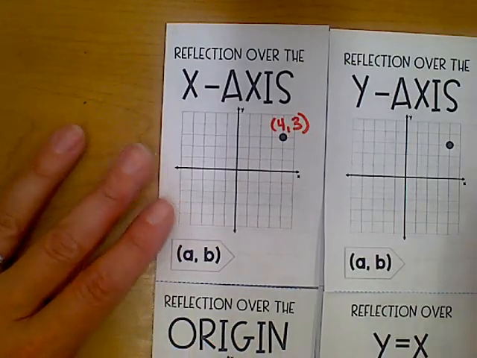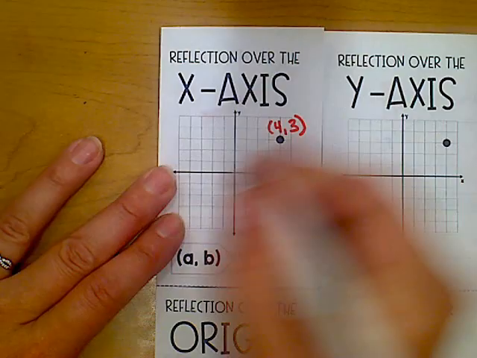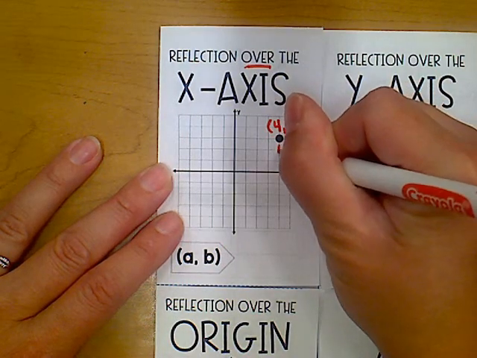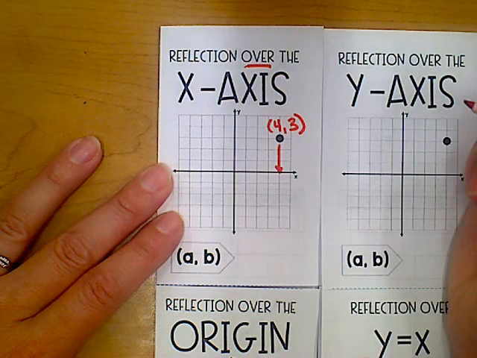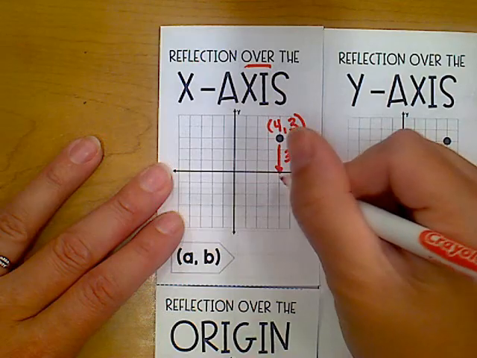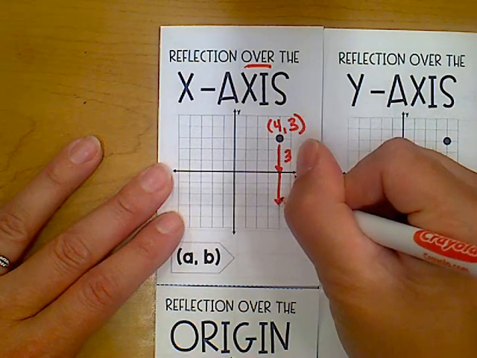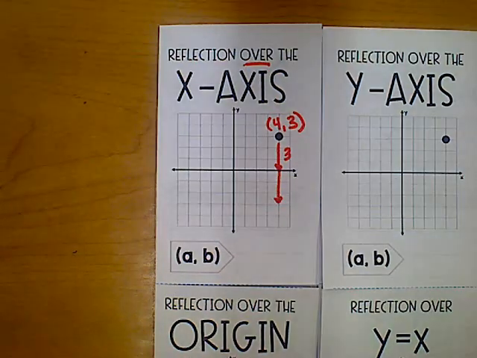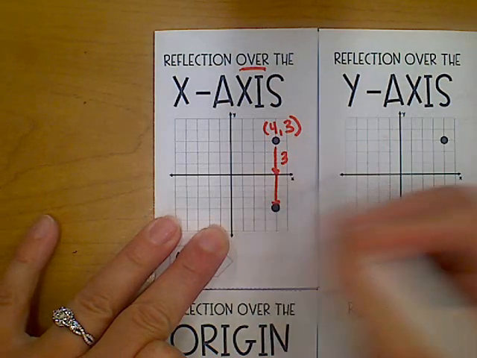If I am just reflecting this point over the x-axis, I always like to think of that as, okay, let's take this point to the x-axis, and guess what? That's 1, 2, 3, that's 3 away. Now we're going to move it 3 away from the x-axis, and then that new point would end up right here.